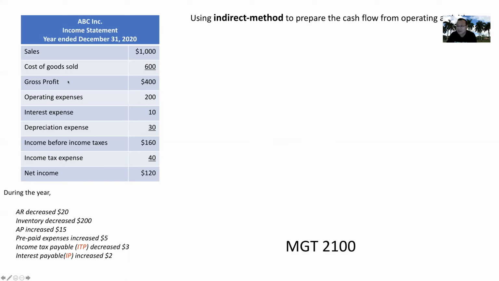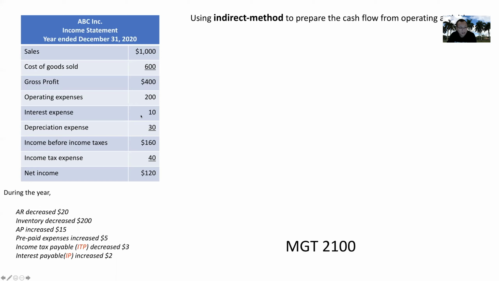That gives us the gross profit of $400. And then we have a bunch of expenses. Operating expenses, $200. Interest expense, $10. Depreciation expenses, $30.